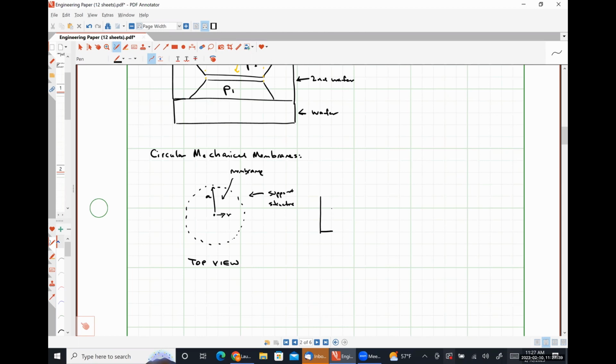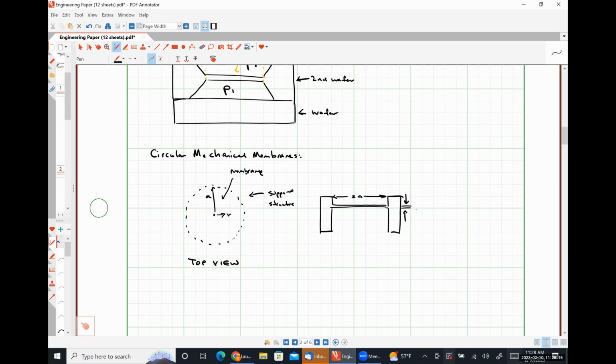We have our support structure. So this distance from here to here is the diameter of our circular membrane. So it has a diameter of 2A.